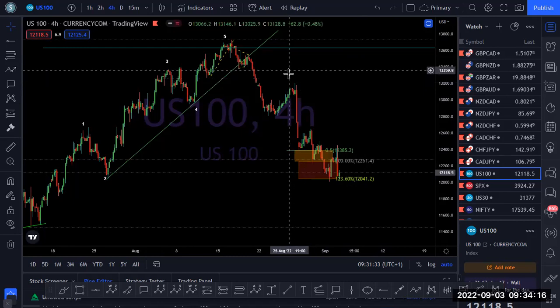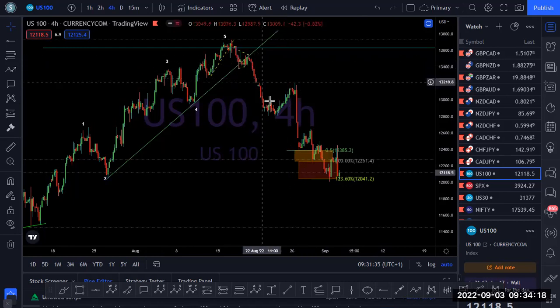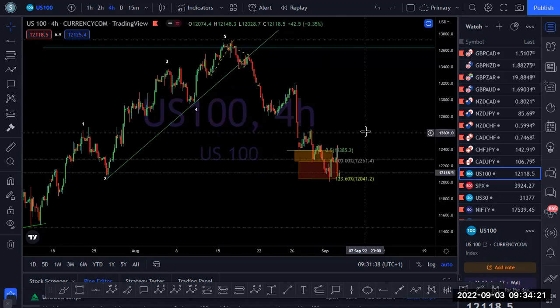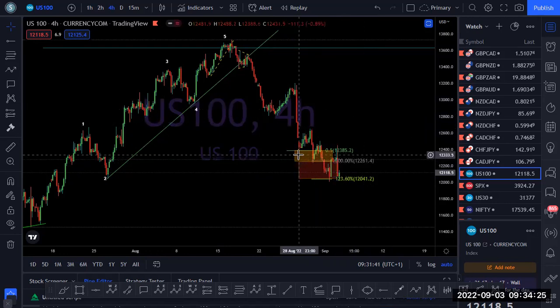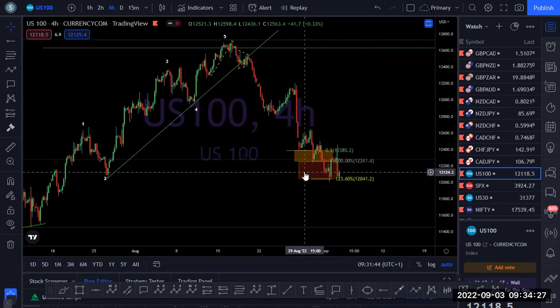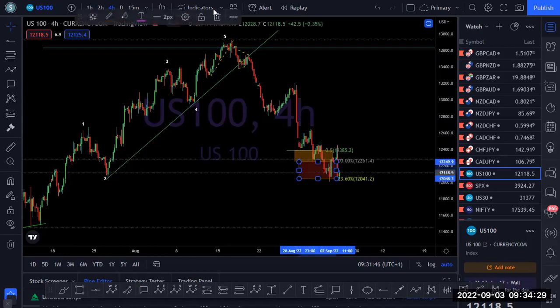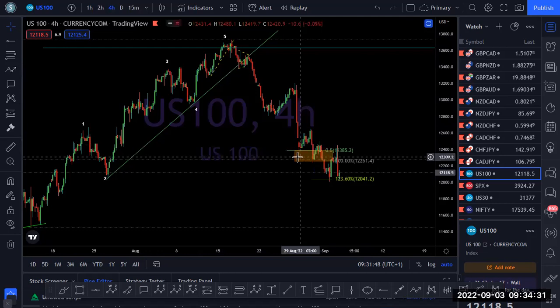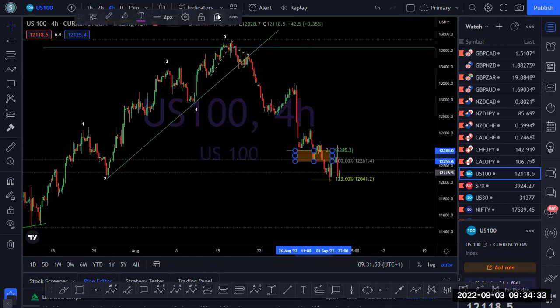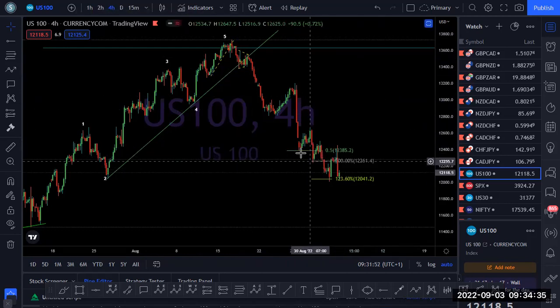So now, this move is strong enough to be an impulse move. Last week I told you either we reverse here or we reverse here. But from what I'm seeing now, I'm taking them off. Why am I taking them off?